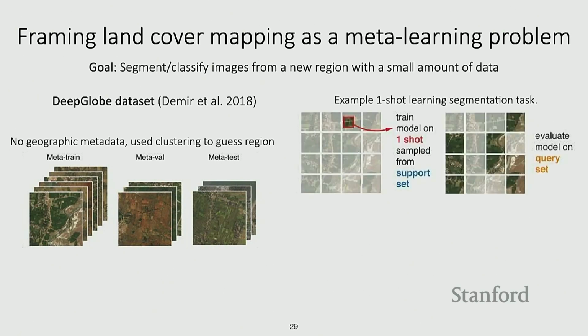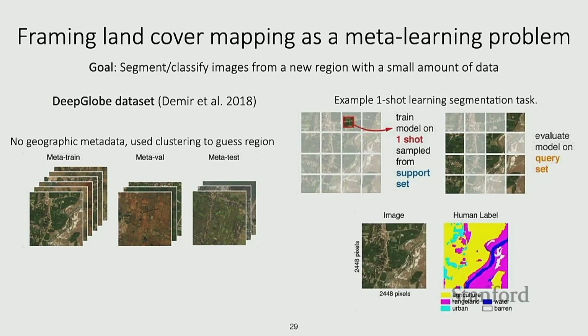And then what the few-shot learning problem looks like is they're given one part of a region of the world, and then they want to be able to evaluate and make predictions for the land cover in other regions, or other parts of the same region. And so this was the data set that had much higher resolution data, and so ultimately they want to be able to predict the labels that look like this.